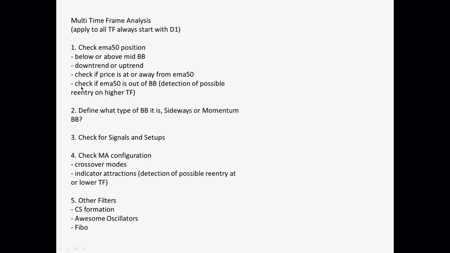Then you need to check whether MA50 is outside BB. Basically, it's a detection of possible re-entry on a higher time frame. Once you've done that, then you define what type of Bollinger Band it is, if it's sideways or momentum.